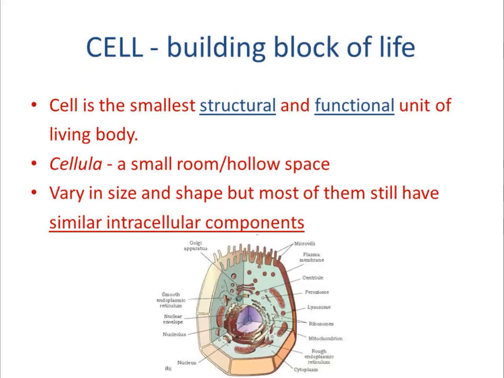So let's check with a diagram. This is a diagram of a typical animal cell, given in the NCERT biology textbook for 11th standard. You can see that the outer covering of the animal cell is referred to as the cell membrane or plasma membrane.